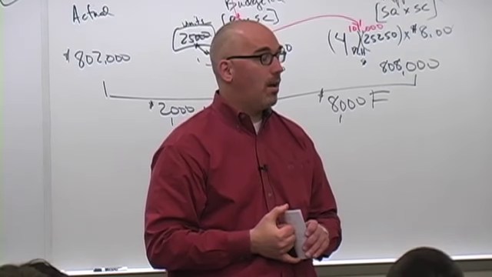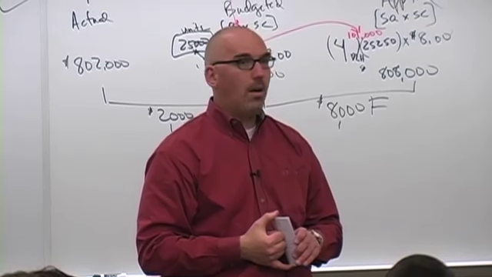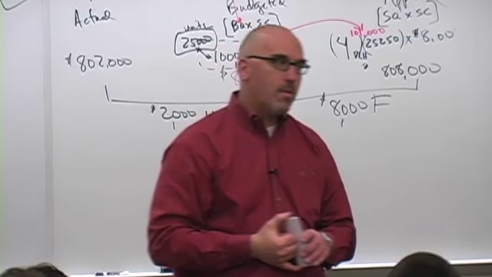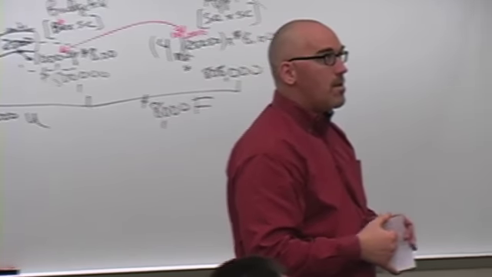Over-applied. Why? Because that reduces your cost of goods sold. You estimated more than you actually used. Did we produce more units or less units than we expected to? More. Is that good or bad? Good. That means apparently we did something right.